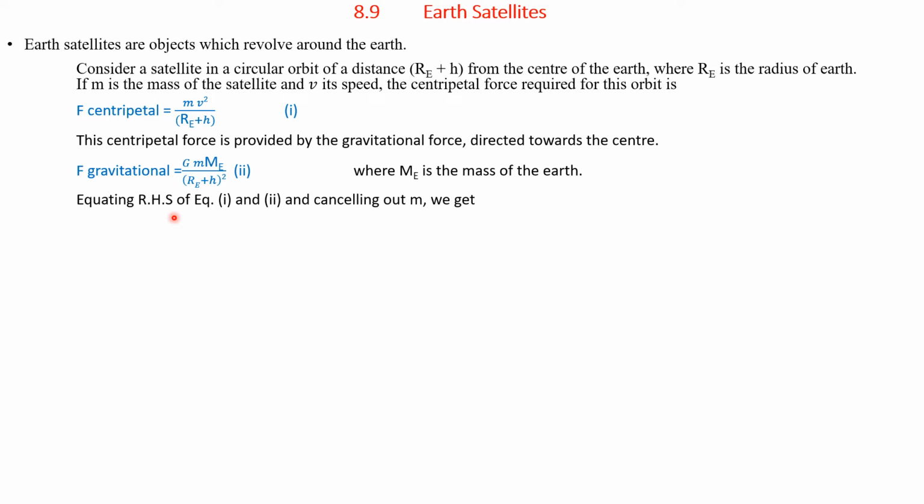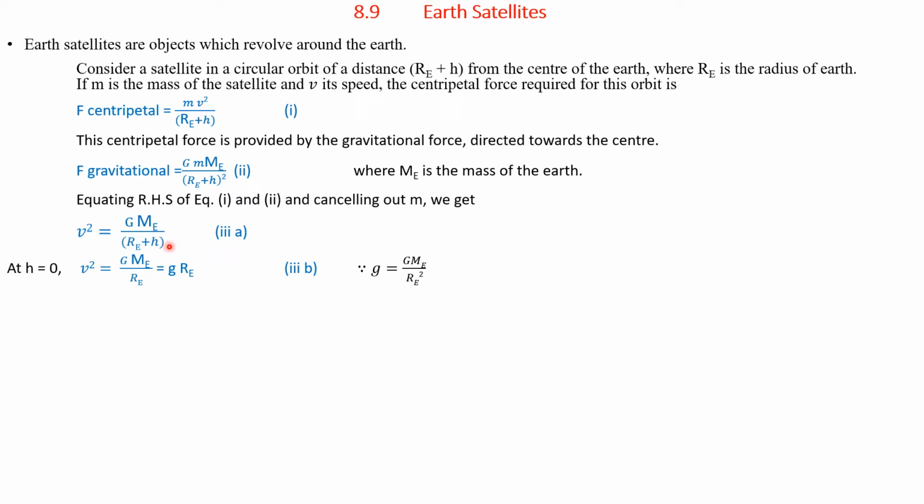Equating equations 1 and 2 above and cancelling m in the numerator and Re plus h in the denominator, we get v square is equal to G into ME divided by Re plus h. Let it be equation 3a.